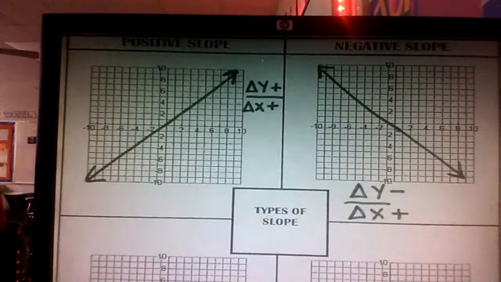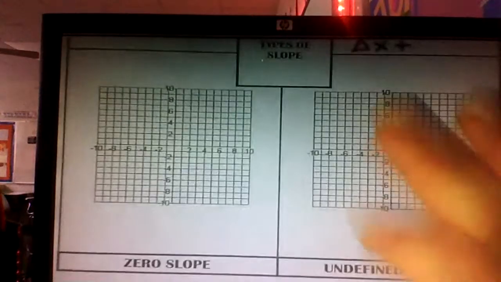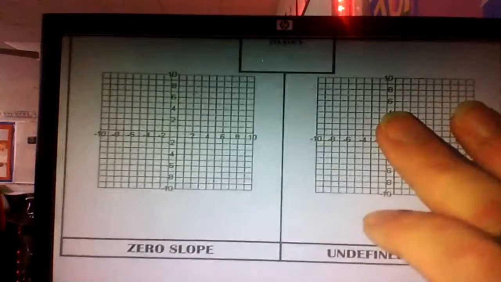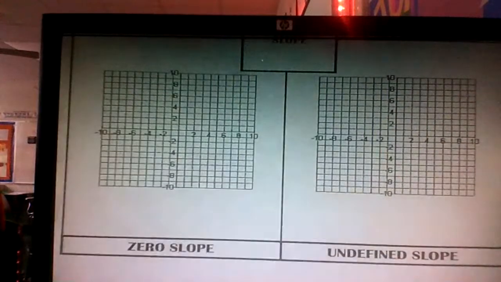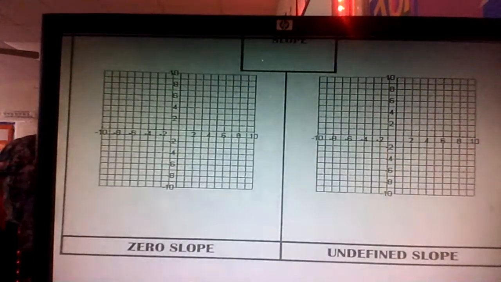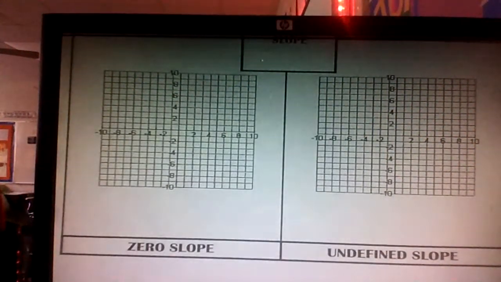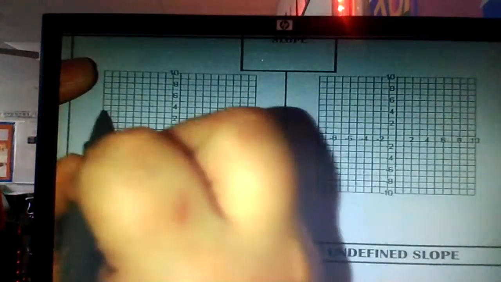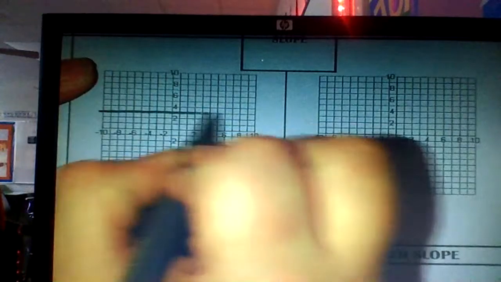Questions? Okay. We have two special slopes. The first one would have a slope of 0. Wouldn't it be like this? Good. That's fantastic. Sabi says if I have a 0 slope, I have a horizontal line.